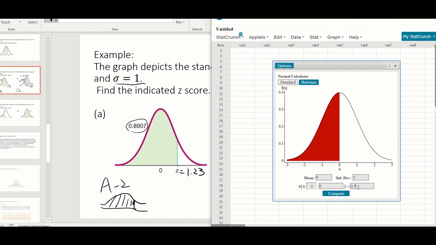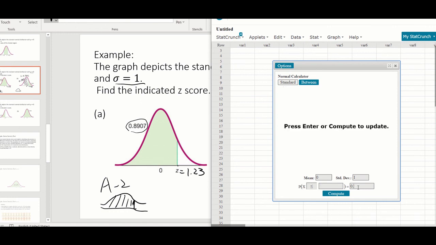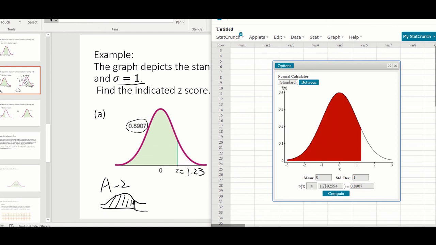This area is 0.8907, and the area is to the left. That means less than the z-score we're looking for. So compute. What's given here, 1.23, is the z-score we're looking for.